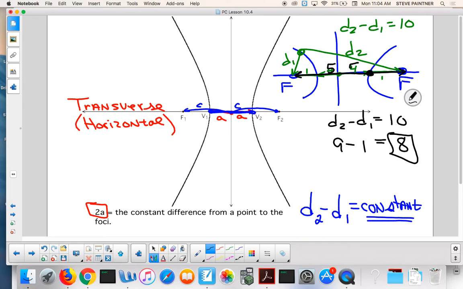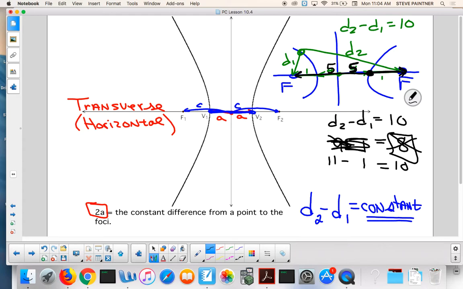I should have made those 5s. My fault. If I'd have made that 5, 5, 1, that would have been 11 minus the 1, and we would have got our 10. I messed up on my numbers, is what I did.